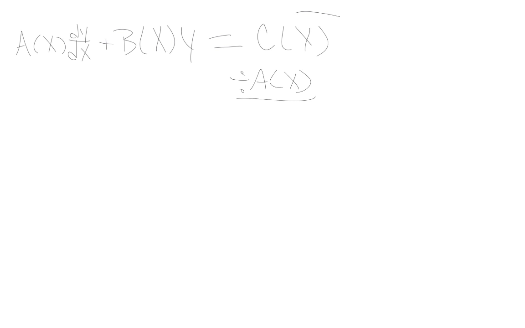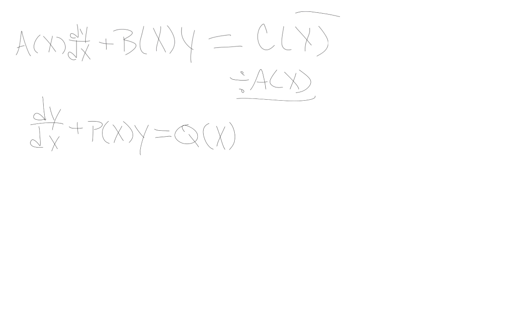and what you would end up with would be dy dx plus p of x times y equals q of x. And this right here is called a first order linear differential equation.